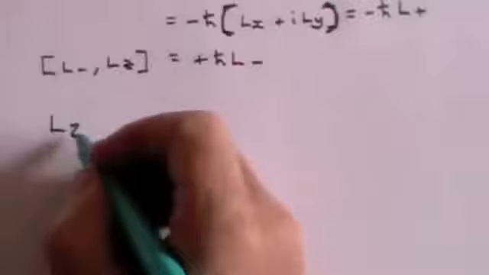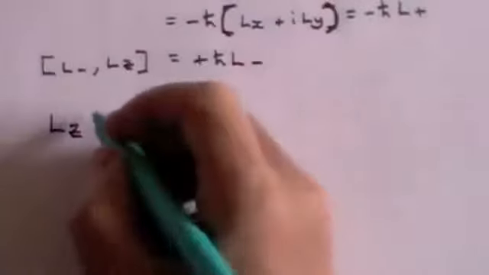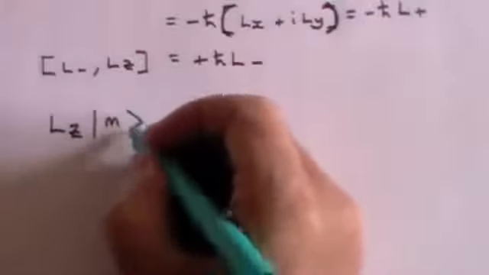Now, let's think about what Lz actually does. Lz is an operator, and Lz is going to act on the state of the system, which is, for our purposes, the state of angular momentum of the system.